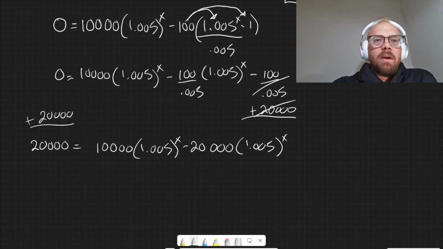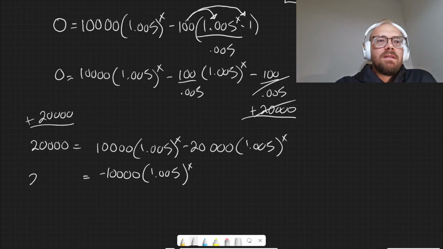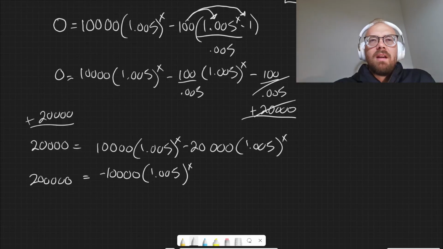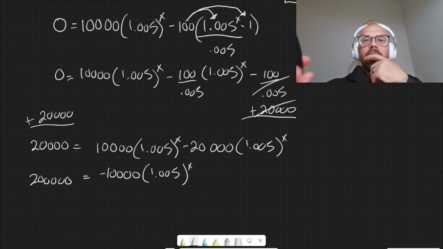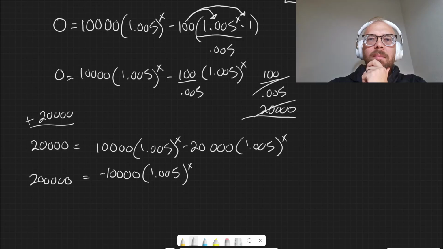So then that would be 10,000 minus 20,000, which is negative 10,000, times 1.005 to the x, equal to 20,000. And you know what? I'm missing something. Hold on. I'm feeling like I'm making a boo-boo here, and I found my boo-boo.